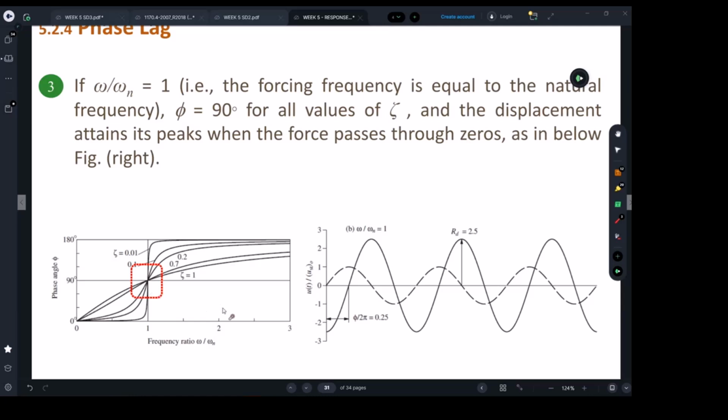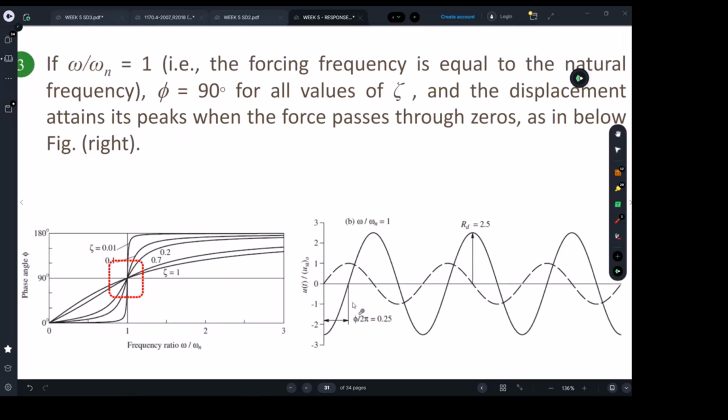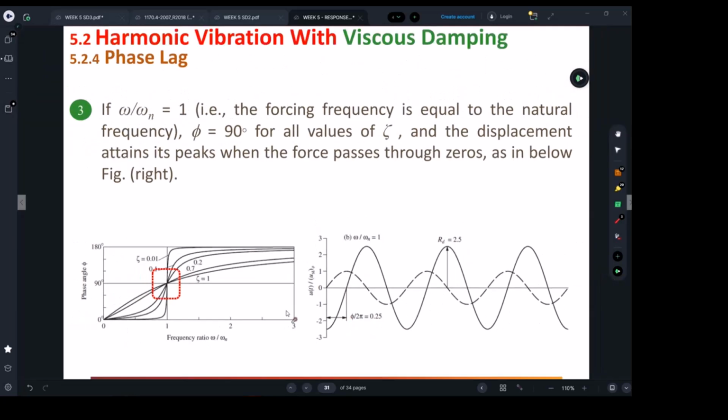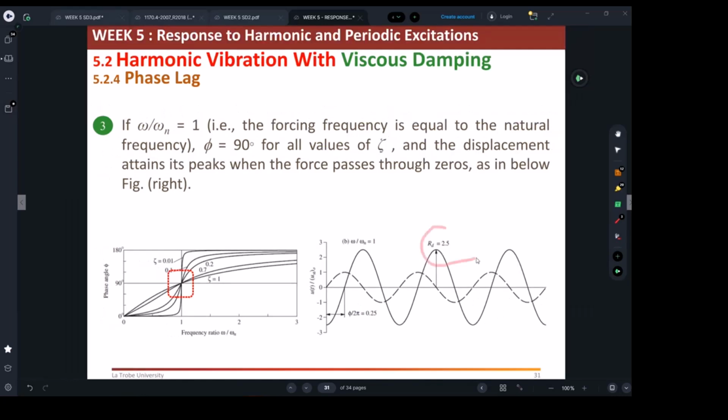But in this situation, your phase lag will be a bit smaller than in the situation we had before, about 90 degrees in this case, and it won't really make a difference. You can see here it's only about 90, but this is in radian values. As I said to you, the most critical thing we always work with is the RD, how the RD changes with changing this frequency ratio.